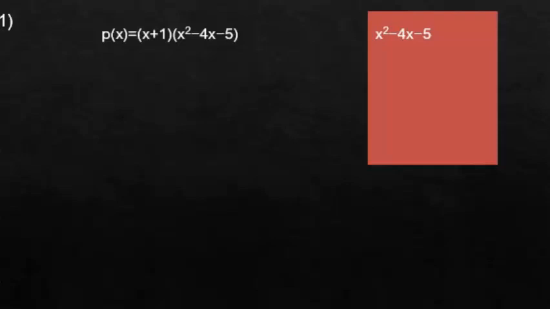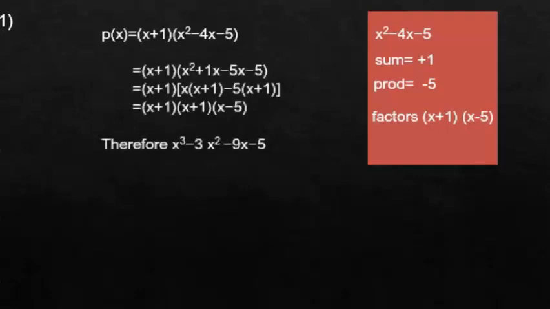Which numbers give you minus 4 when adding and minus 5 when multiplying? You are getting the factors plus 1 and minus 5, because when we add we get minus 4 and when we multiply we get minus 5. So the factors we take are x plus 1 and x minus 5.